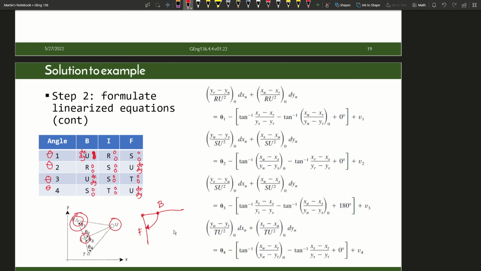So when you compute R naught, RU naught, SU naught, you have new values of your X and Y of station U. So that's why for the next iteration, you have different values of this one. Then you have other different values here, here. So this whole matrix changes now.